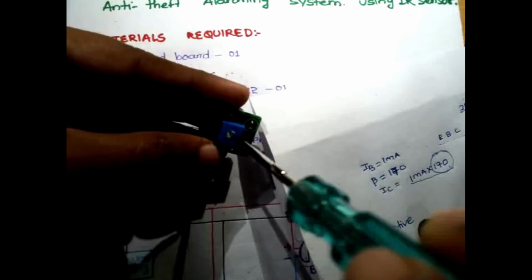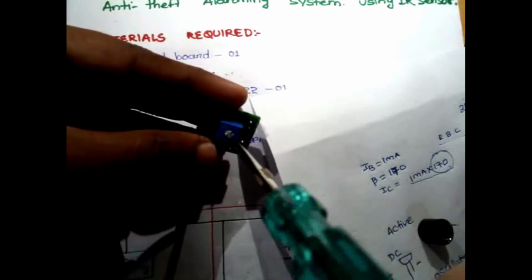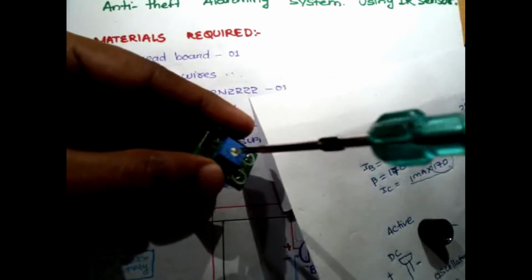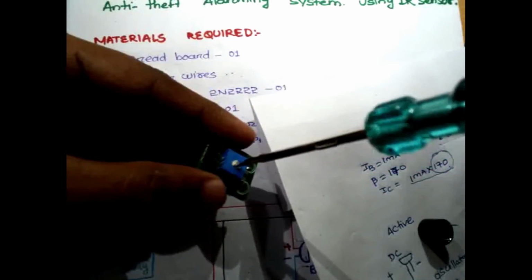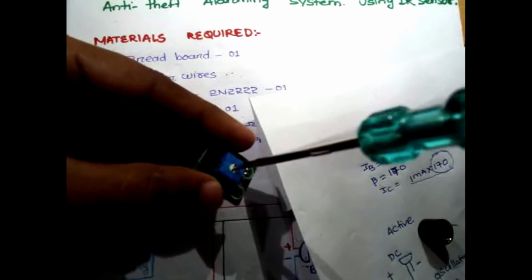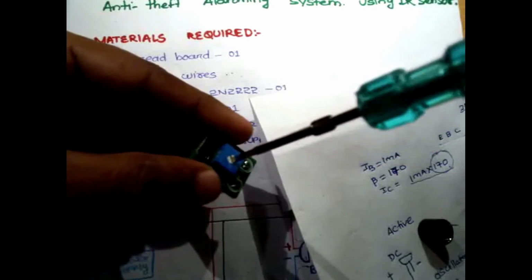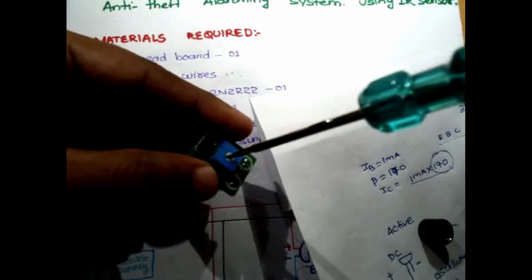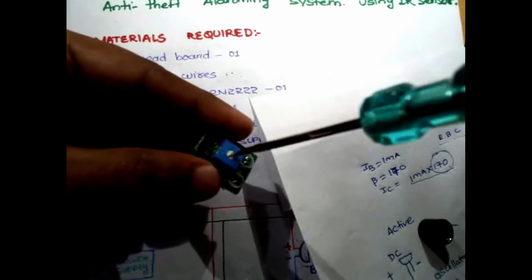By rotating this port, you can adjust at what distance, at what proximity, you want a high signal on the output terminal.